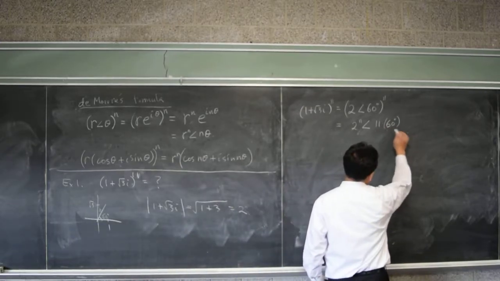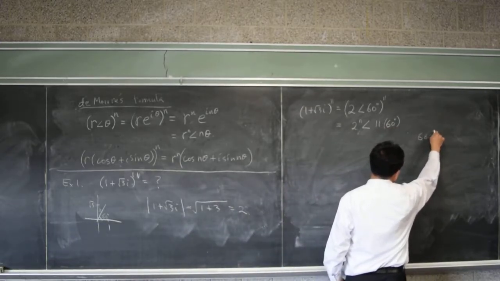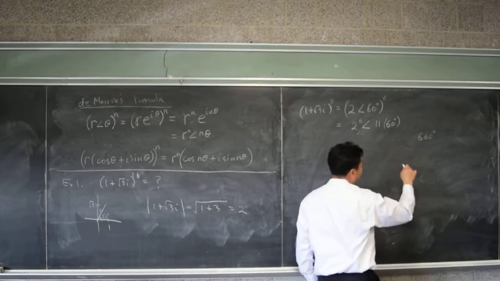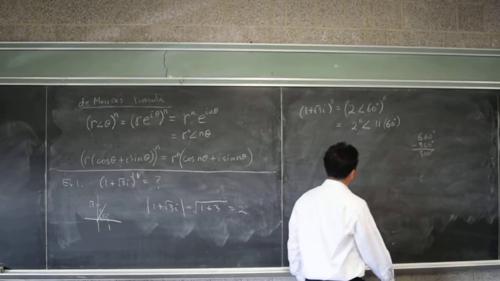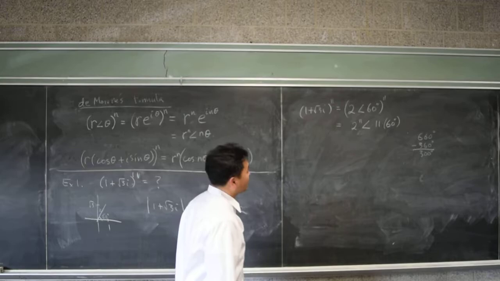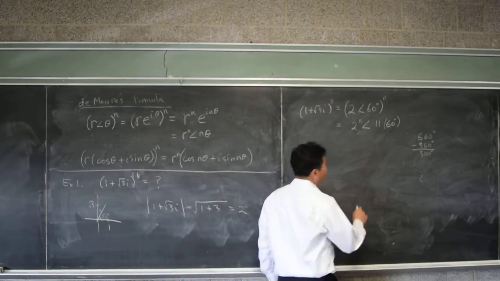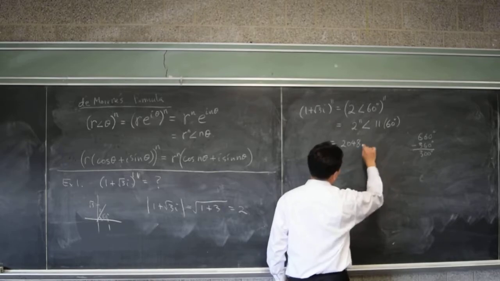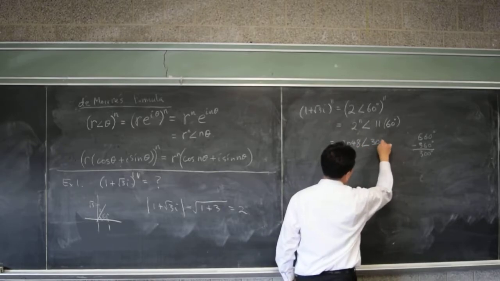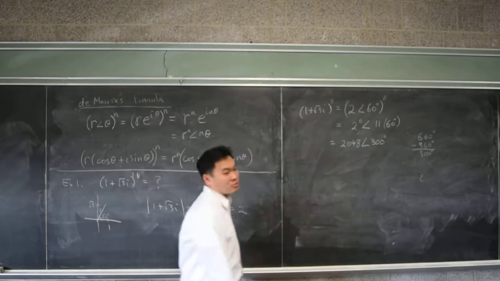Let's see, this is 660, and let's subtract 360 to get the full terminal angle, which is 300. And 2 to the 11th power is 2048. That's how it simplifies.